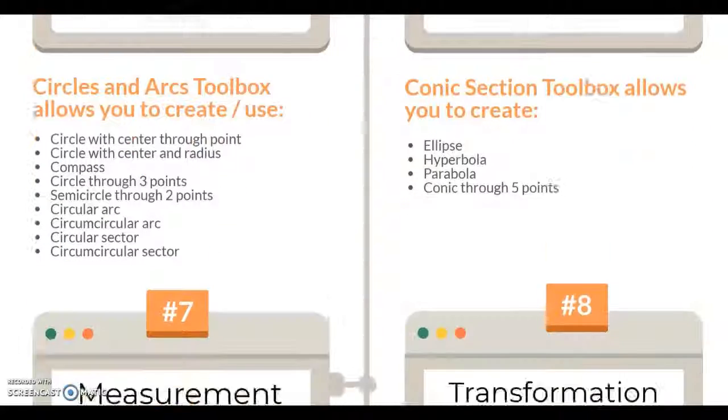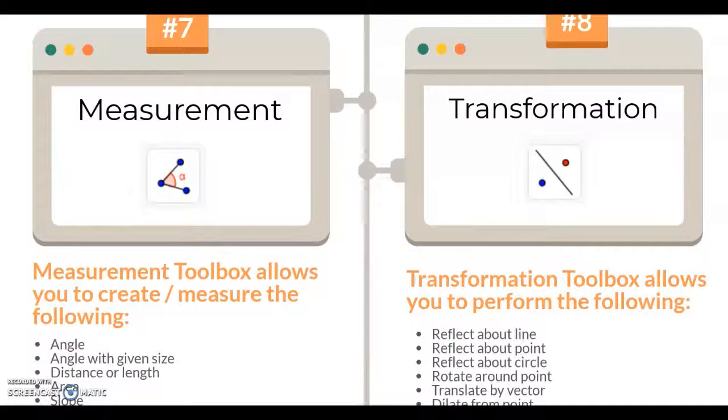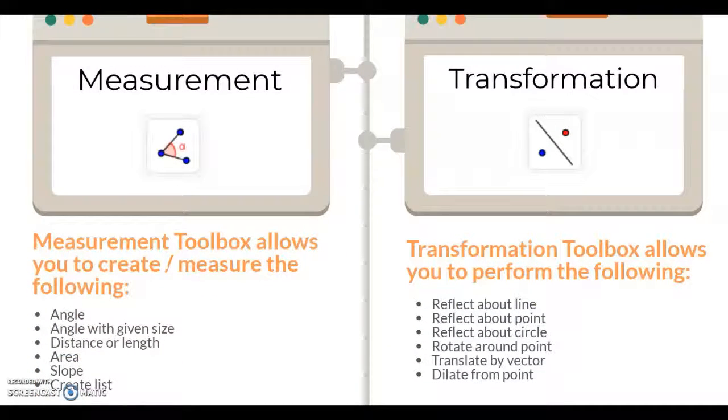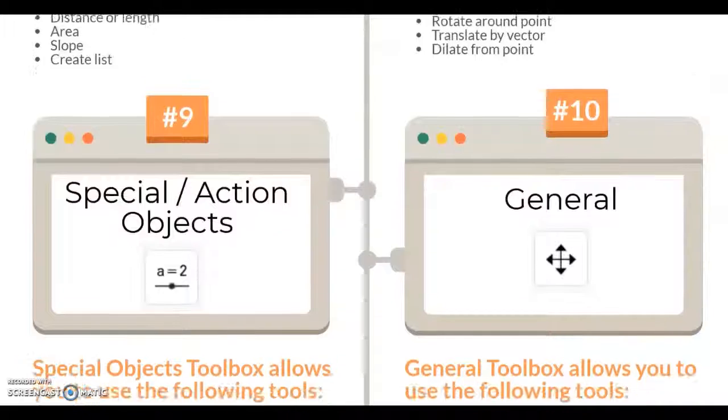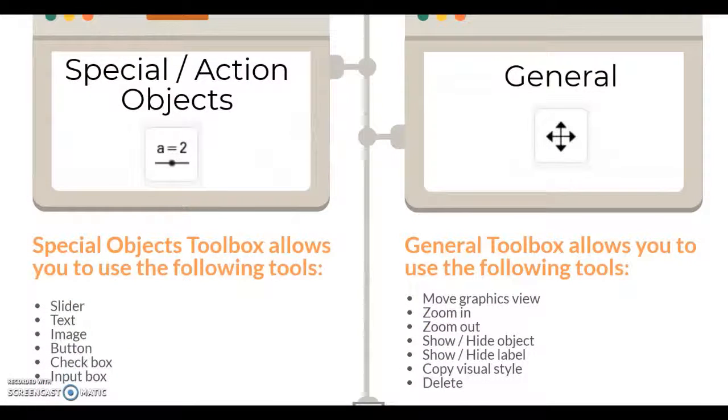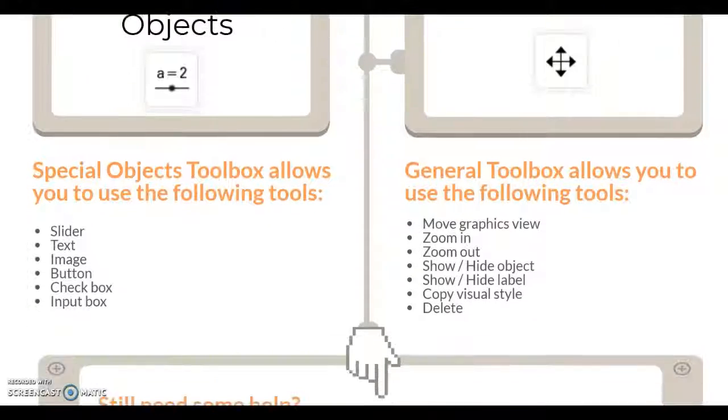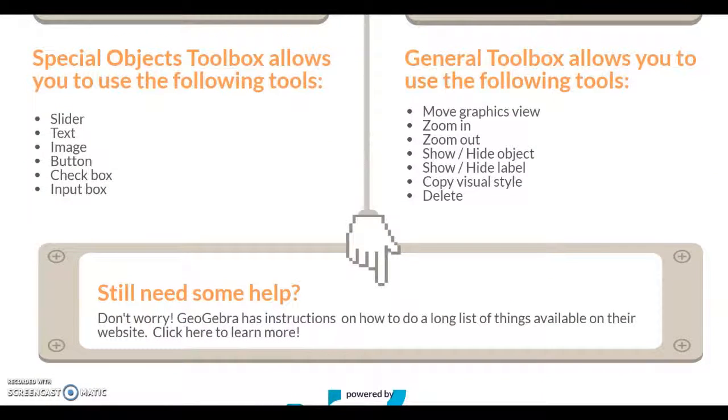You can perform transformations of objects, and you can even add text or images to explore real-life examples or just to organize your work. The amount of tools to use can be a little overwhelming, but luckily GeoGebra has instructions for using all of their tools on their website. On top of this, you can easily find tutorial videos that go into more detail on using the various functions.